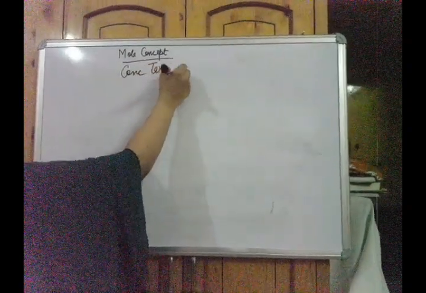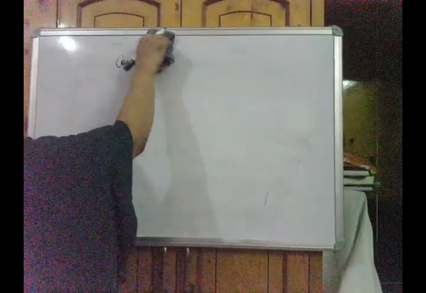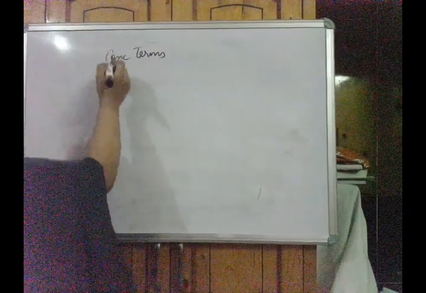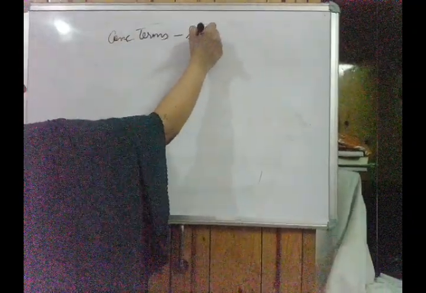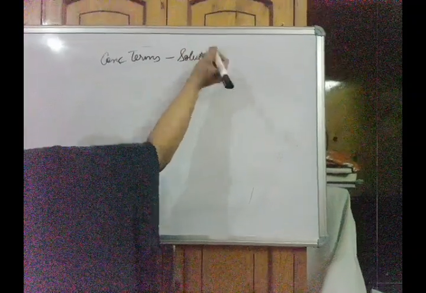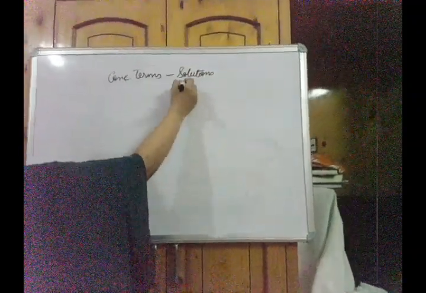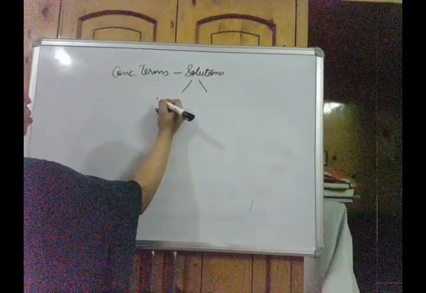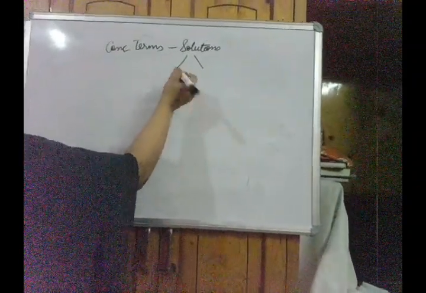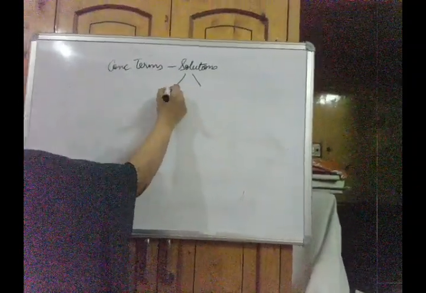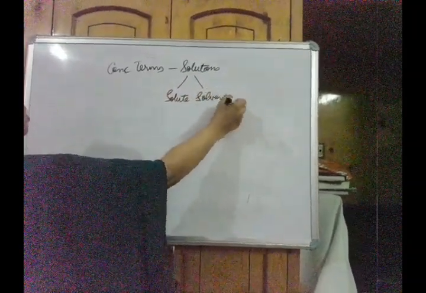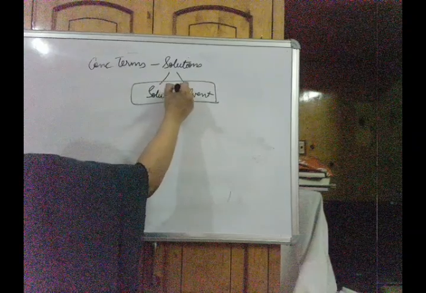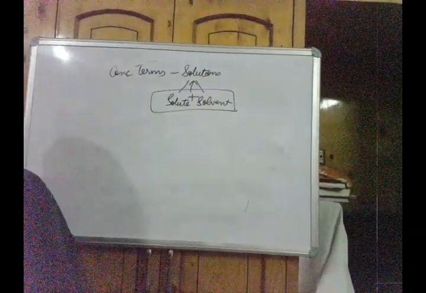Concentration terms are usually used in the chapter of solutions. By making a solution you have to use a solute as well as a solvent. Both of them should be there, that gives you a solution.